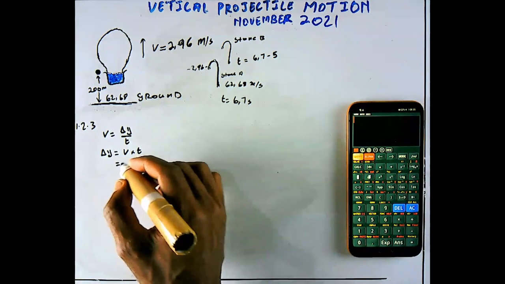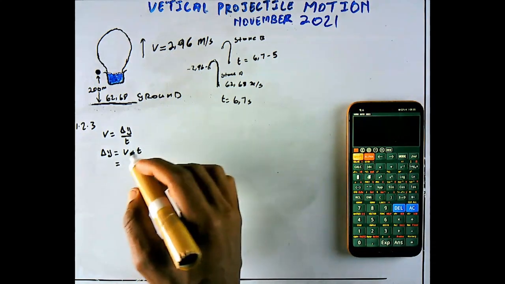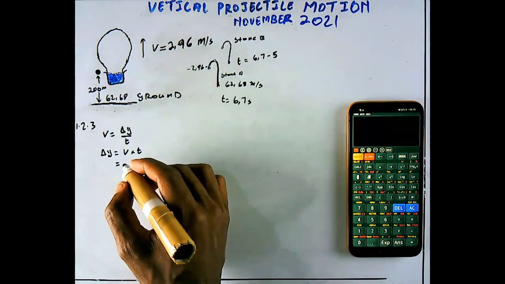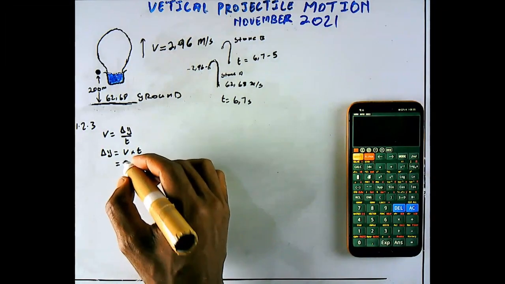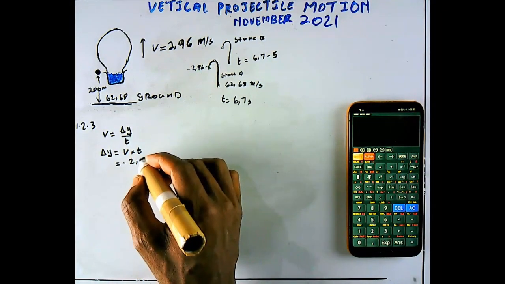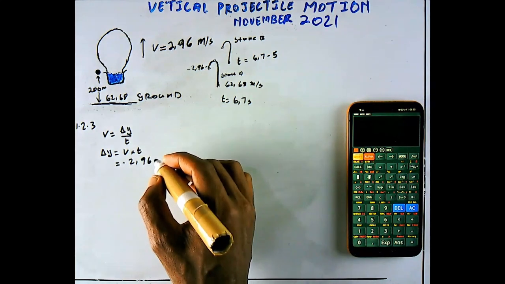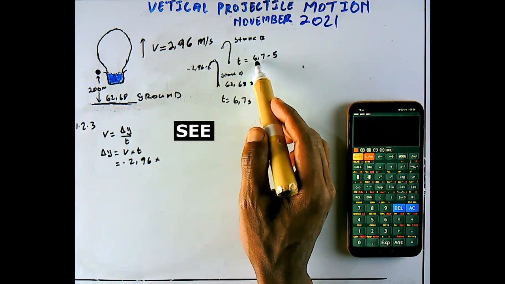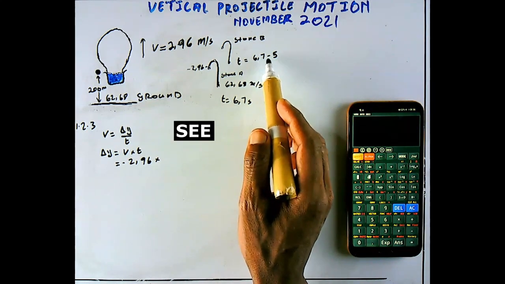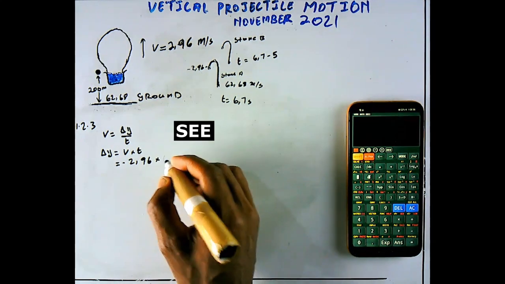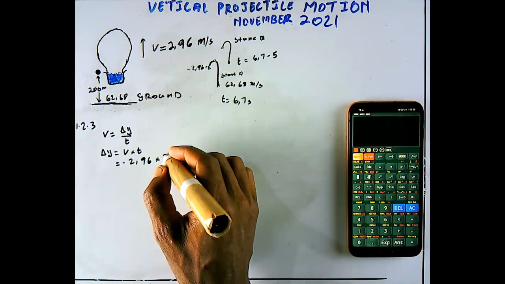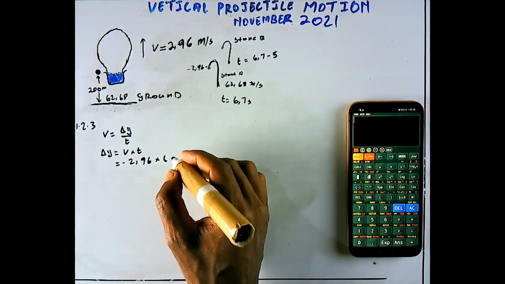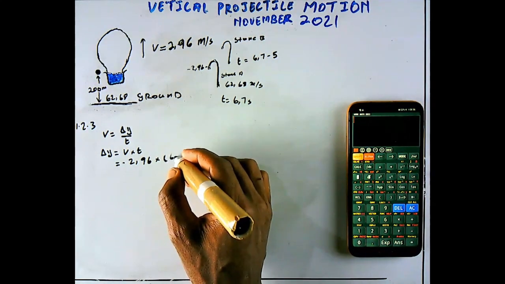Then the velocity is negative 2.96 multiplied by the time for stone B, which is 6.7 minus 5, because it was dropped 5 seconds late.